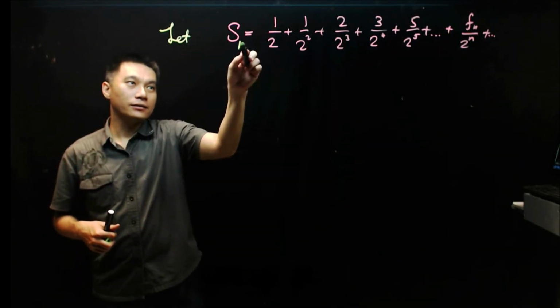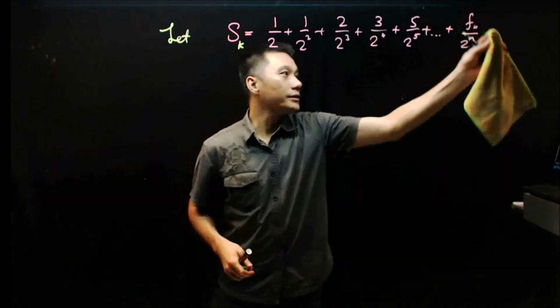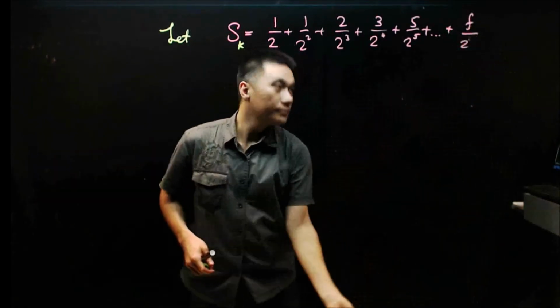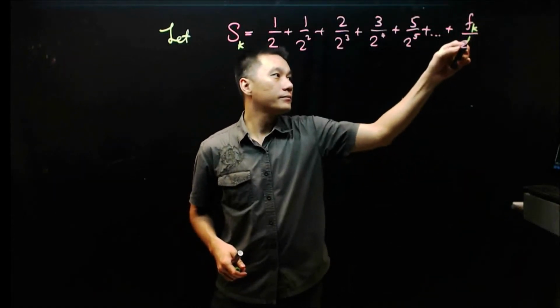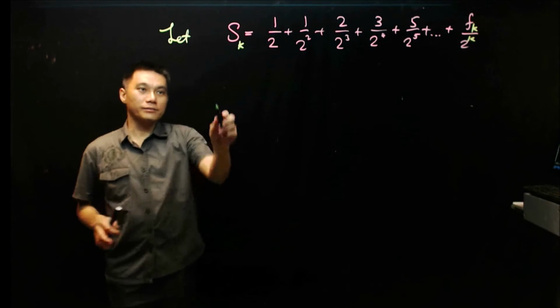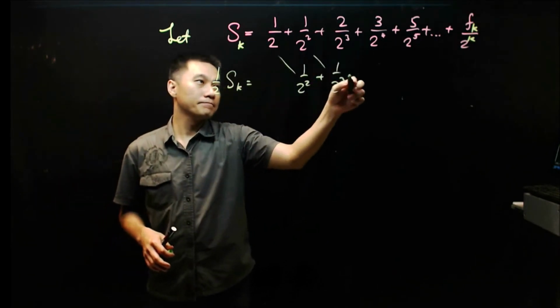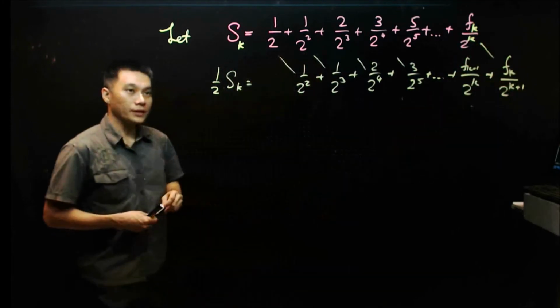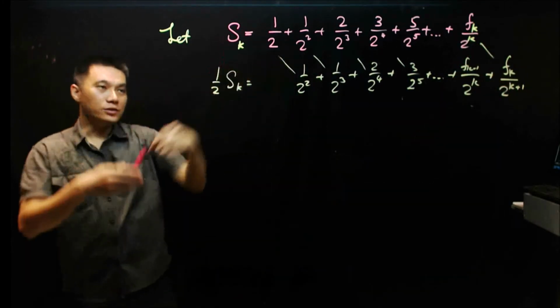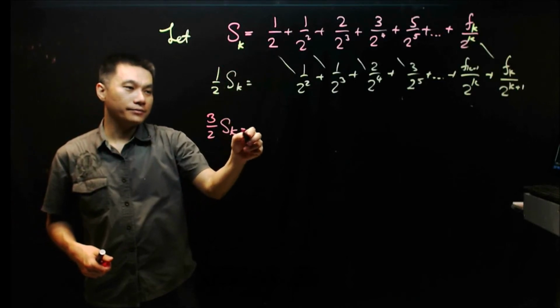Let S_k be the partial sum, and we will stop here. So the method is quite similar. Half S_k is equal to this. If we add these two together, we will have 3 over 2 S_k.